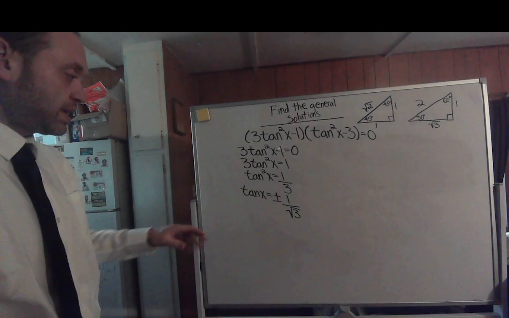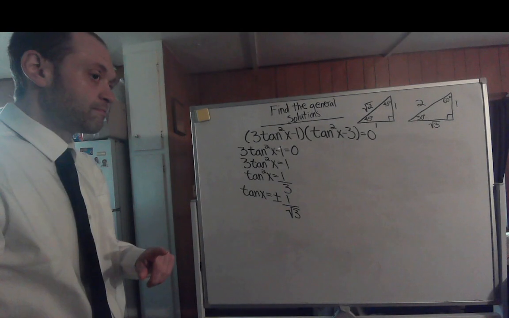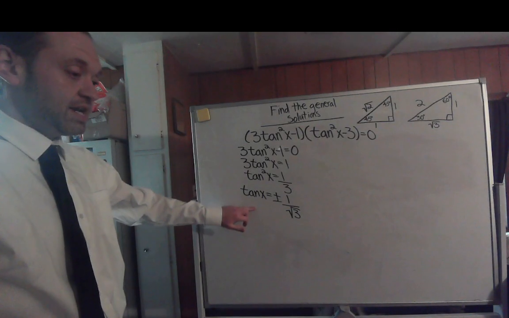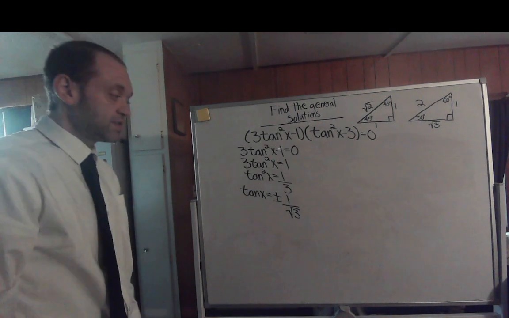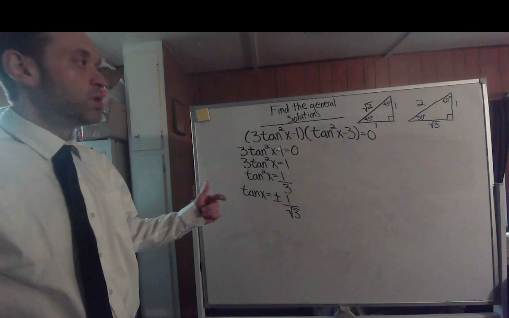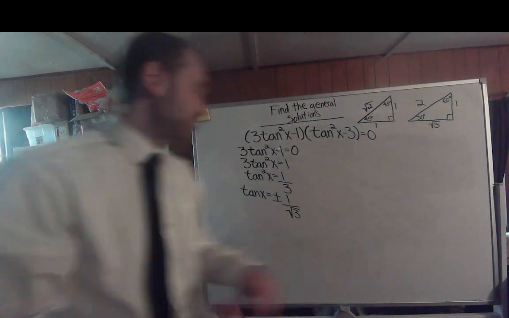So, okay, we have to consider both positive and negative roots here. So for a reference angle, where does the tangent equal 1 over the square root of 3? That would be for a 30-degree angle, which would be pi over 6.